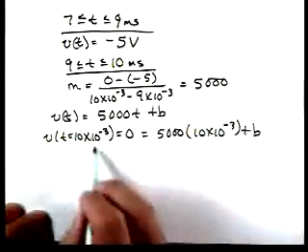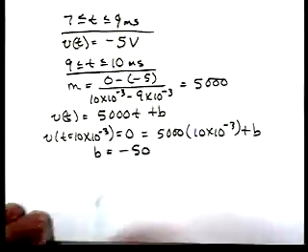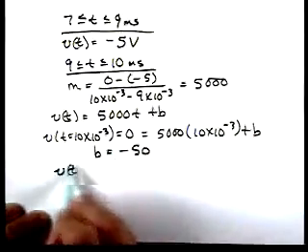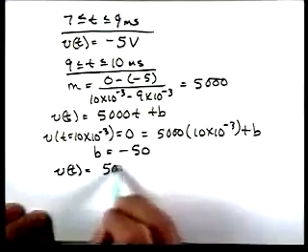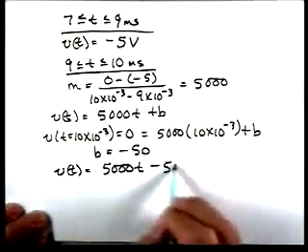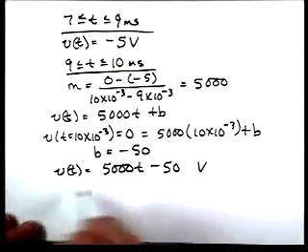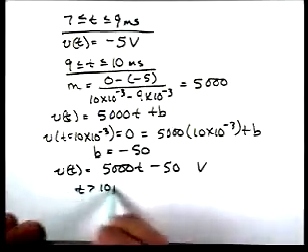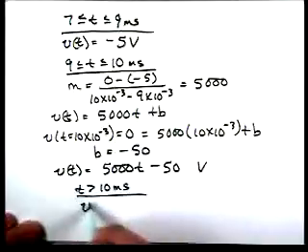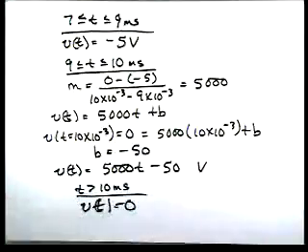This gives B equal to minus 50. So our expression is 5,000 t minus 50 volts. And for completeness, for t greater than 10 milliseconds, V of t is equal to 0.